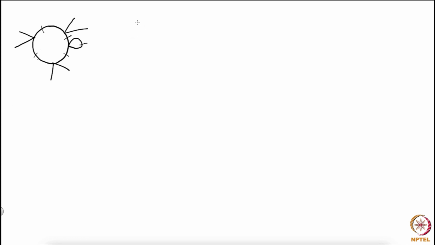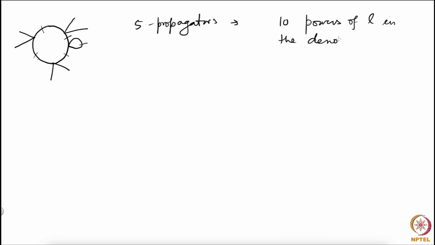So that brings 10 powers of L in the denominator in the Feynman integral. And you have 4 powers in the, sorry, not 4. So this is how many loops? This is 2 loop, right? You see one loop here, one loop here.